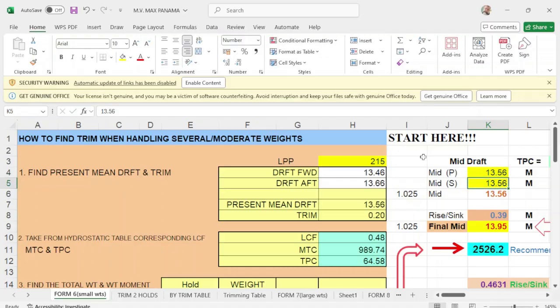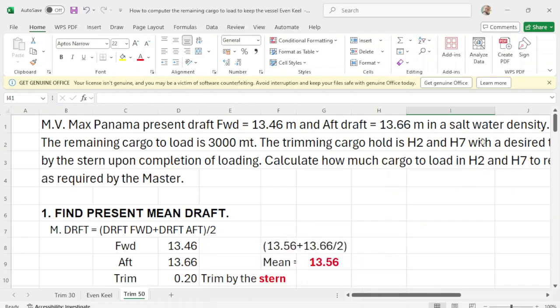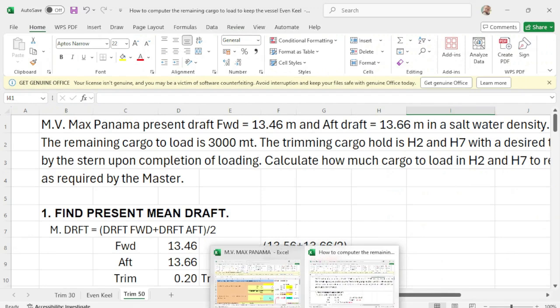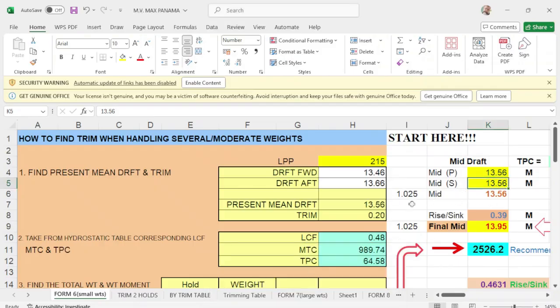Okay, no list, this is your mid drop, and the problem says you're floating in salt water density. So your present density is 1.025, which is salt water, and upon completion of your loading, that will be the same density of 1.025, in actual practice.